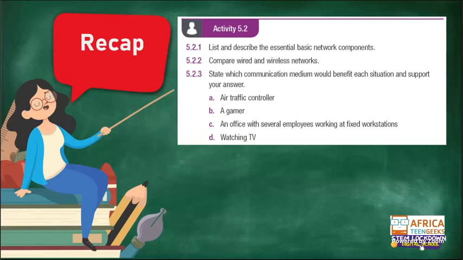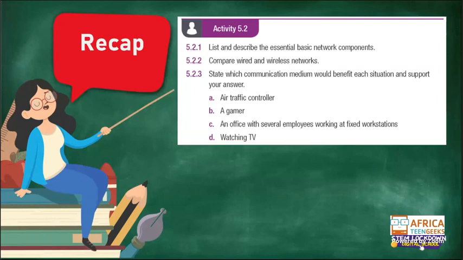And then for a gamer, wired can work for gamers. Let's just leave it there. Wired, it depends.